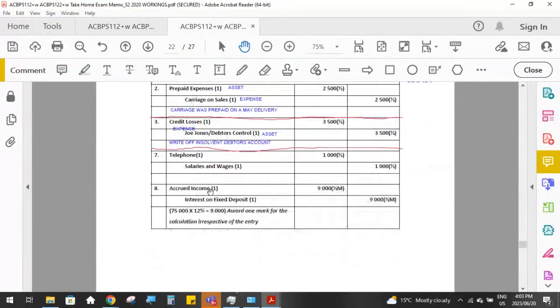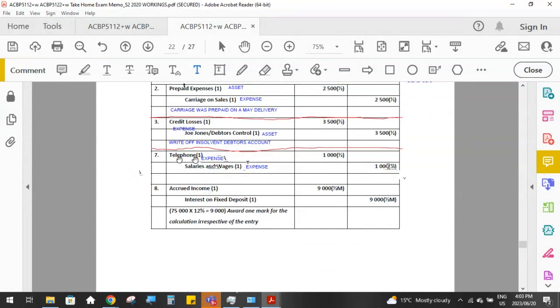So we want to debit telephone, which is an expense account. So telephone expense is increasing by 1,000 Rand. And we are going to credit salaries and wages, which is also an expense account, by 1,000 Rand.